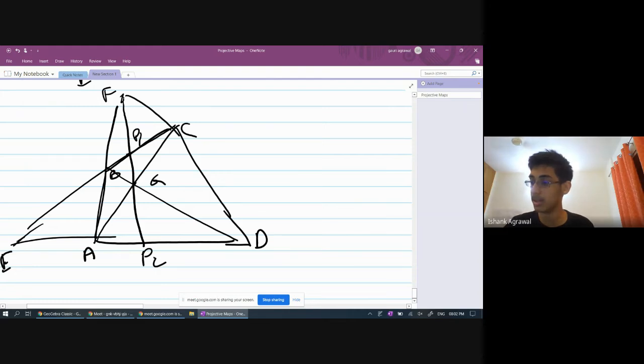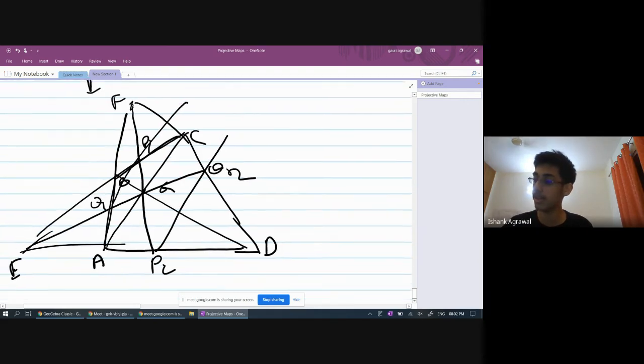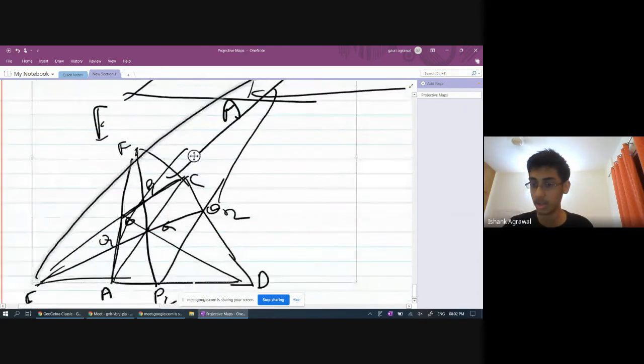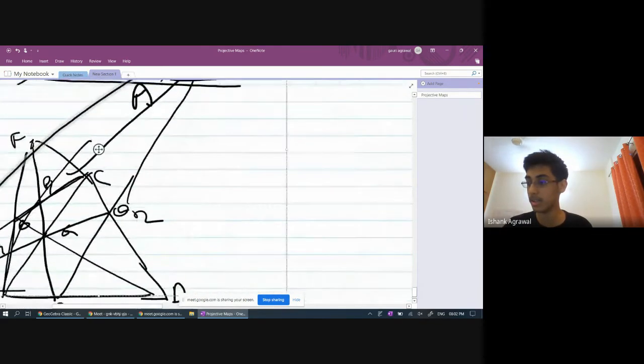We take EG, we meet these at Q1 and Q2. Then prove that the intersection of Q1 P1 and Q2 P2 is collinear with EF. Does the question make sense?